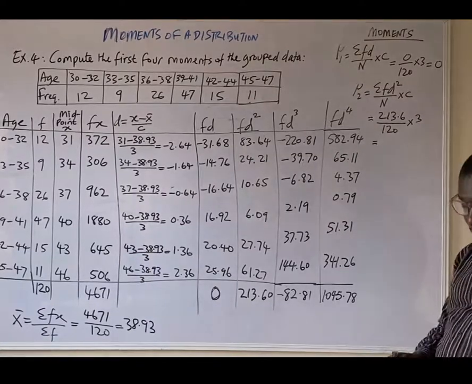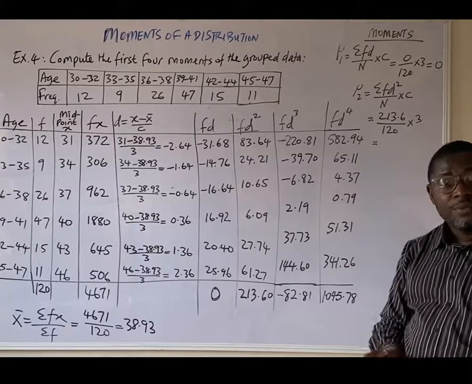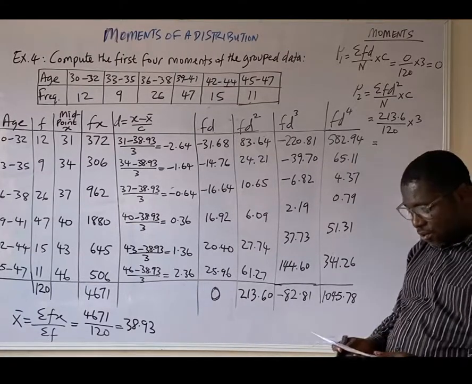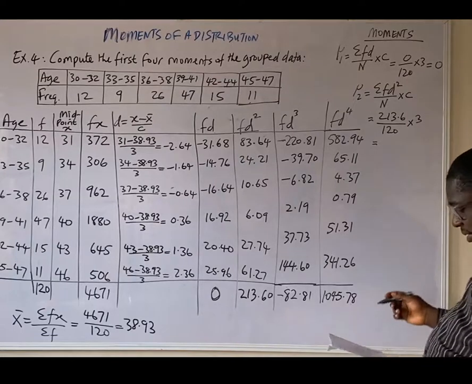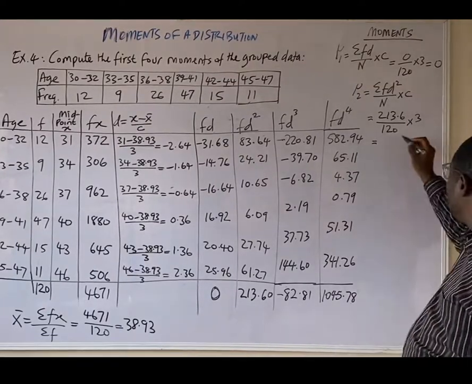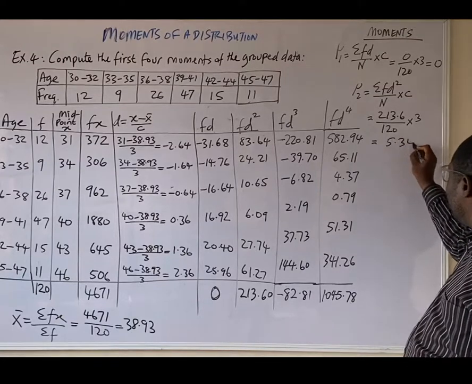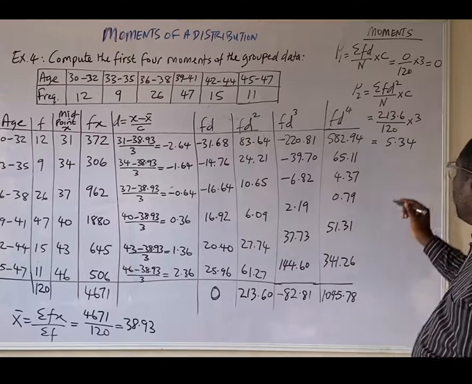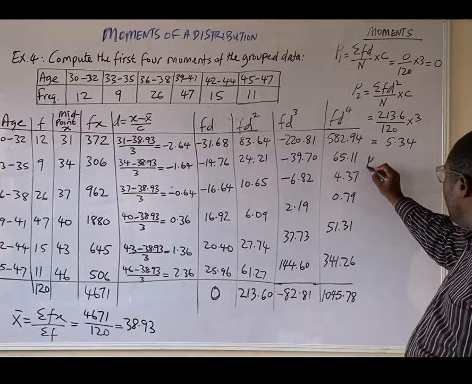What's the answer? Please do that. What do you have? Okay, what I have here is 5.34. The next one is the third moment.